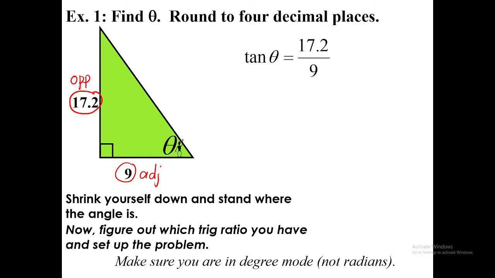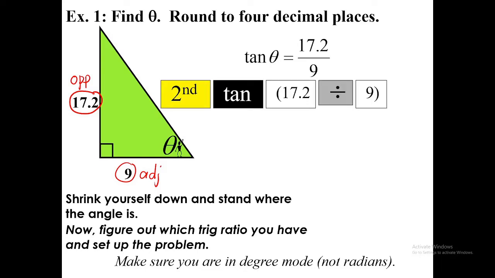Take note, your calculator should be in degree mode, not in radian. See to it that your calculator is in degree mode. So to calculate this, you click second function, that's second, or shift for some calculators.